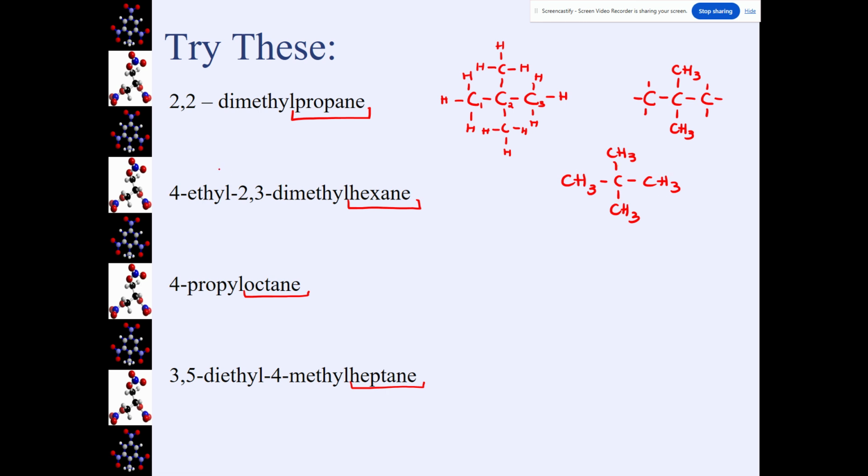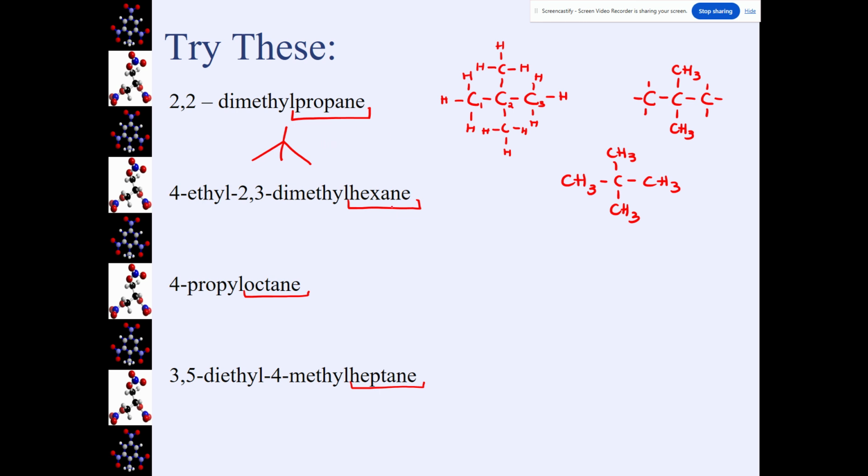Or line diagram. 1, 2, 3 carbons and a branch and a branch. So that's what a line diagram would look like for 2,2-dimethylpropane. Once you get the hang of the line diagram, they're actually quicker and easier to draw. So these are all the variety of ways you can draw 2,2-dimethylpropane.